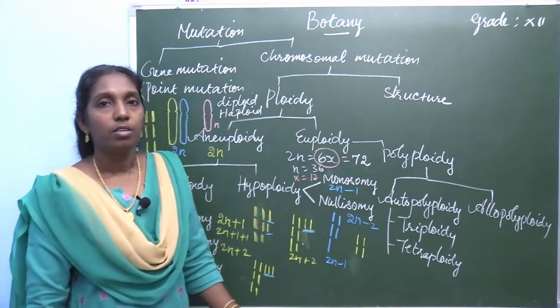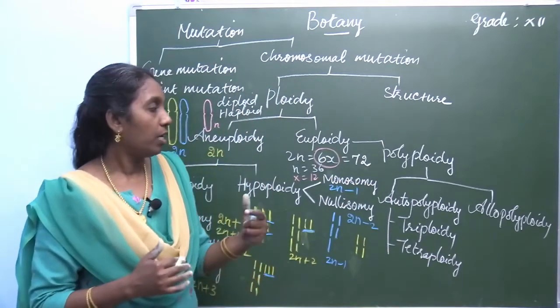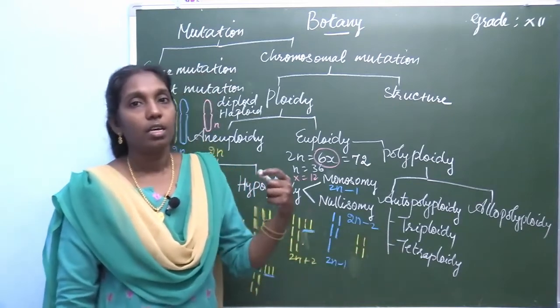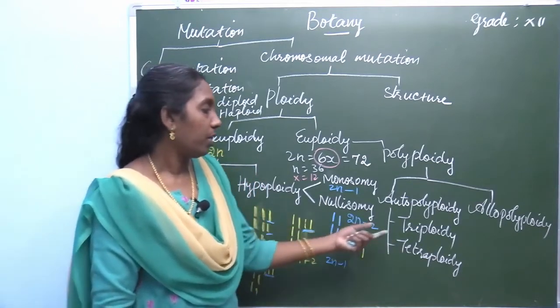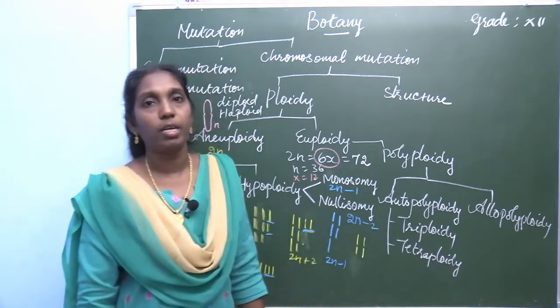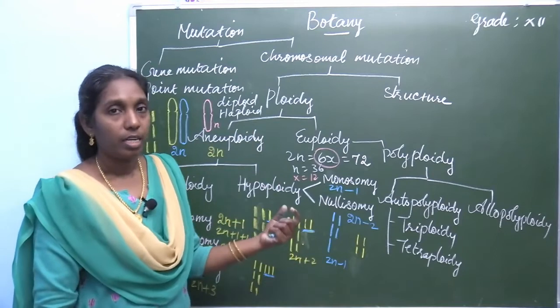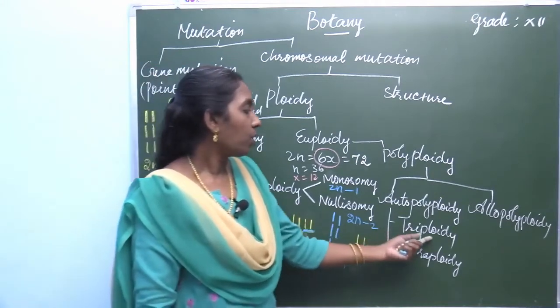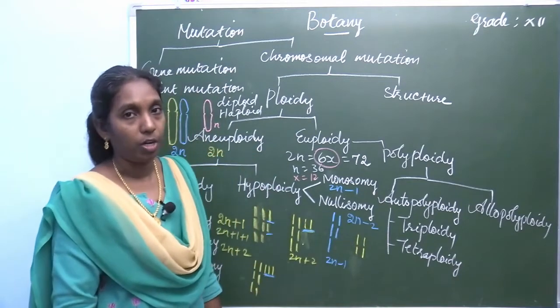Polyploidy is rare in animals, but in plants it can be induced to improve the varieties. Triploidy has many examples, such as cultivated banana and grapes.